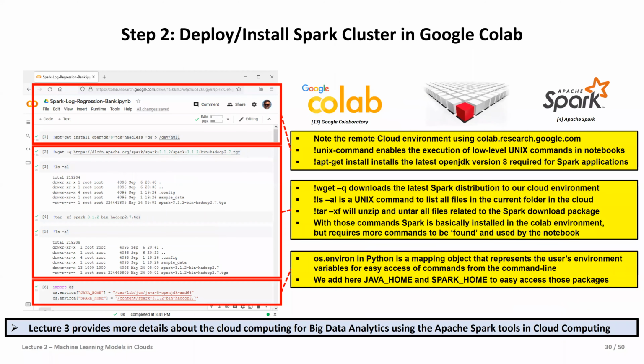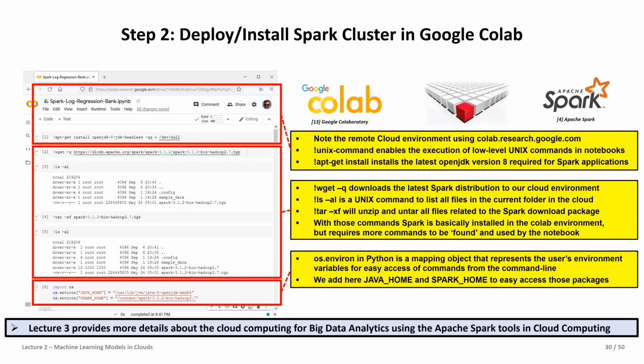Here's one example. When we think about installing the cluster, there are many different ways you can install a Spark cluster in the cloud, especially in Google Colab. Here's one way of doing it, where I say it's really a basic thing, so that you also learn a little bit about Unix, starting from zero, right? You see we basically have the OpenJDK.